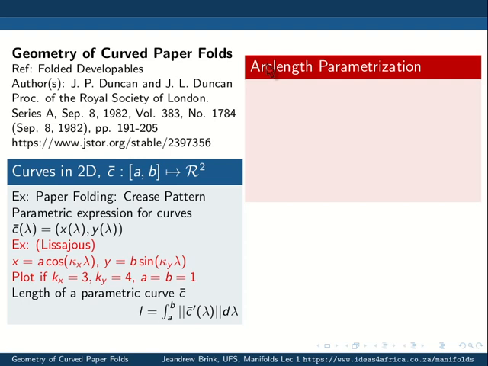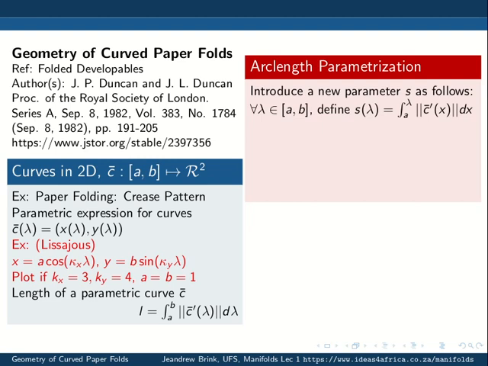So the arc length parameterization, in GR they sometimes call it the affine parameterization. That is, you've chosen your parameter so that the parameter indicates how far you have traveled along the curve. And the way you do this is you call this new parameter S. In GR we often call it tau.